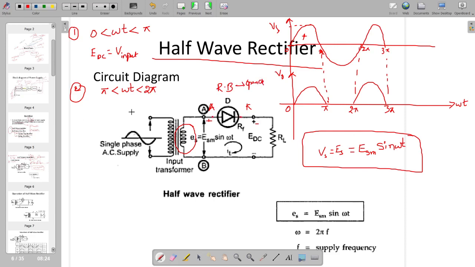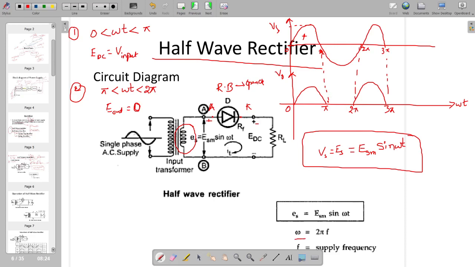So there is no current flow through the circuit. Whatever voltage is applied is across the diode only, not at the load side. So the V output or VDC is equal to 0. We can clearly observe in the waveform that there is no voltage at the output.